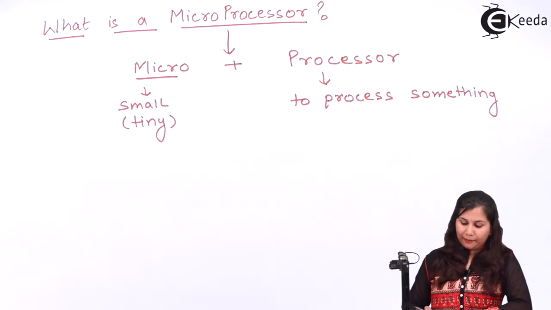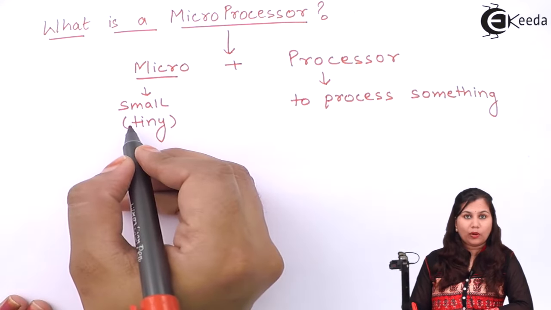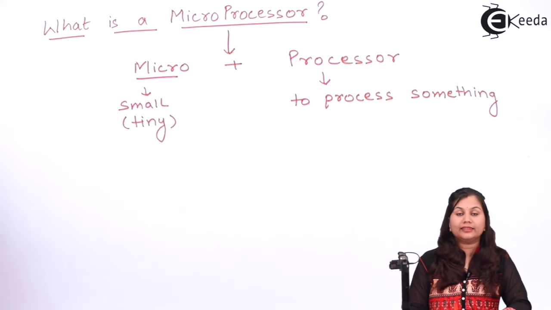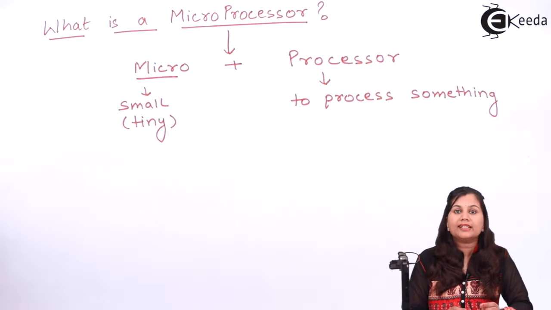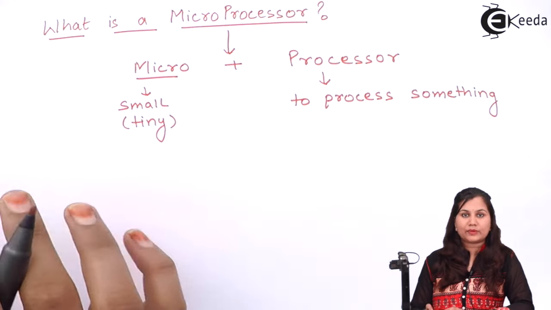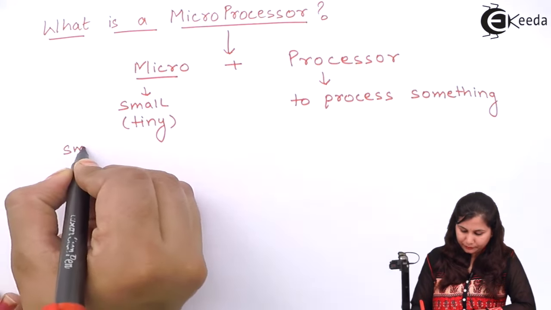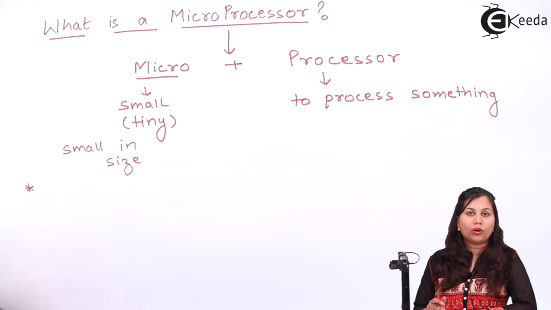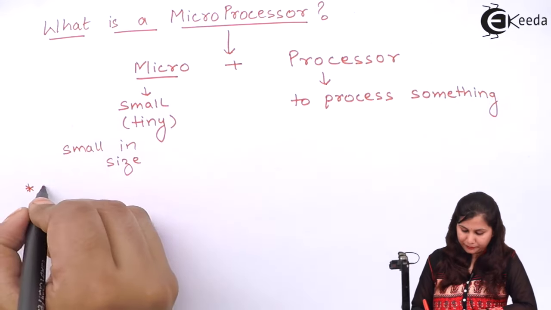Now here, the microprocessor is small in size because nowadays the VLSI integration technologies have developed so that we can combine all the components of a device in a single chip. So the size of this processor is very small.